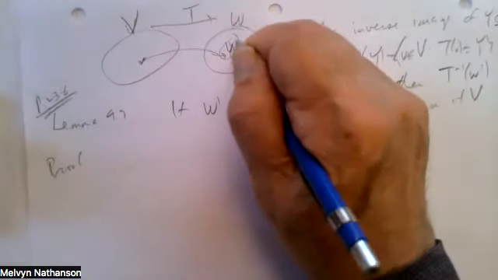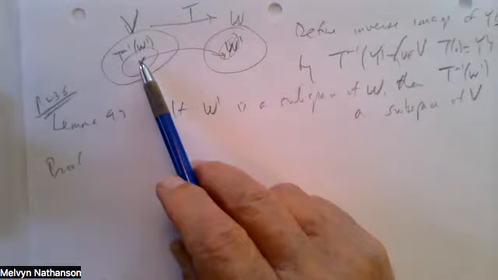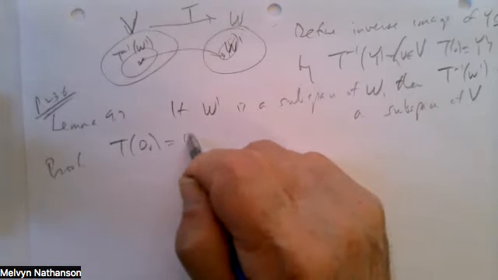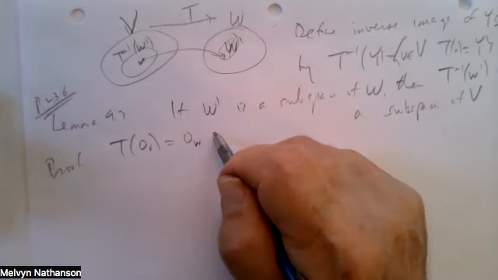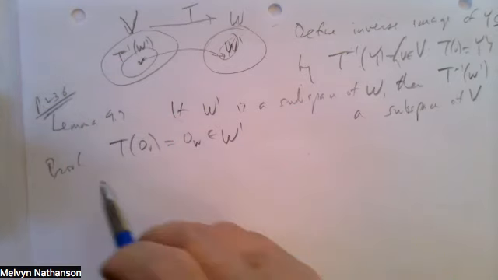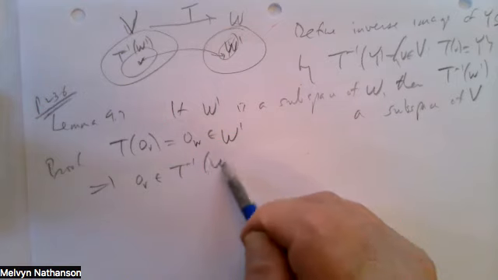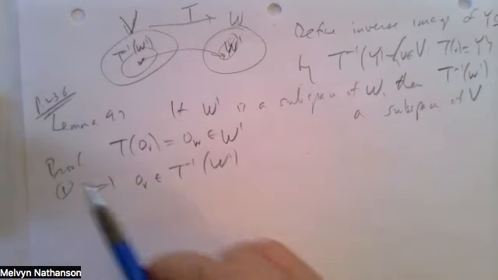So now we have a subspace W prime of W, and here is the inverse image of that subspace. It's all the vectors in V that T maps into W prime. So T of the 0 vector in V is the 0 vector in W, which is in W prime, because every subspace contains 0. So the 0 vector in V is in the inverse image of W prime. That's the first thing we had to show.